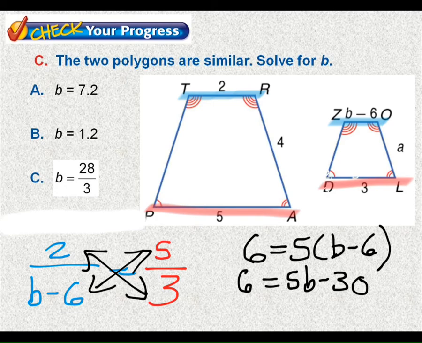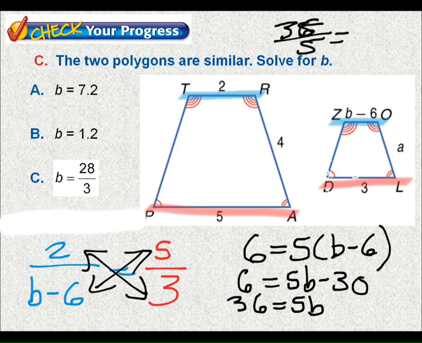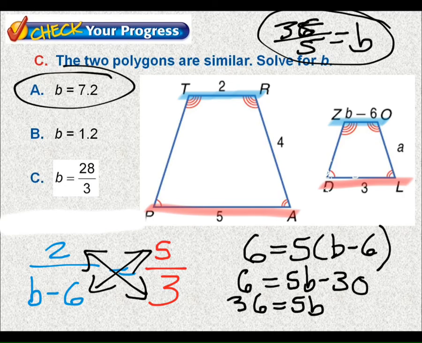You'll add that 30 to both sides to get 36 equals 5B. And then you will divide both sides by 5. So you will get 36 over 5 equals B, which simplifies to 7.2.